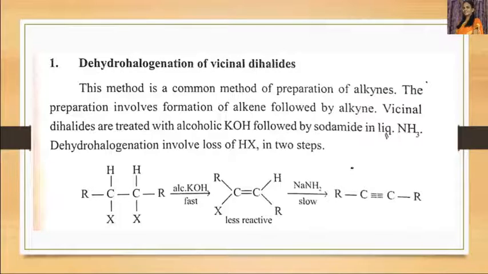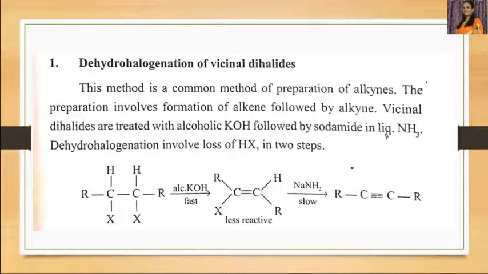This is a general molecule we considered. This carbon has one hydrogen and one halogen atom, and the adjacent carbon also has one hydrogen and one halogen atom. Now in the first step, what happens when this vicinal dihalide is treated with alcoholic KOH?